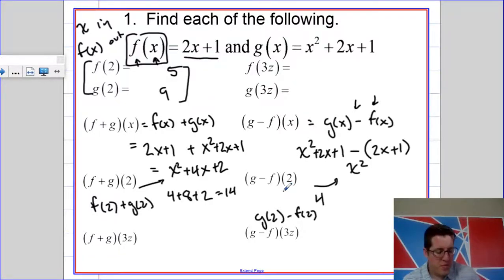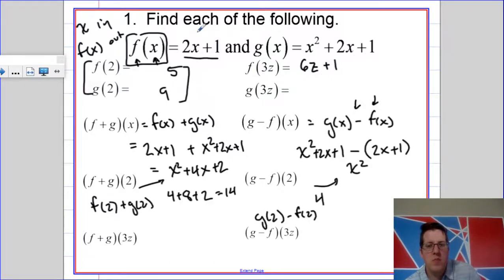So what's interesting about this is that you don't just have to use numbers that evaluate out simply. You can also plug in some more out there inputs. So for example, f of 3z would be 2 times 3z, that's 6z, plus 1.